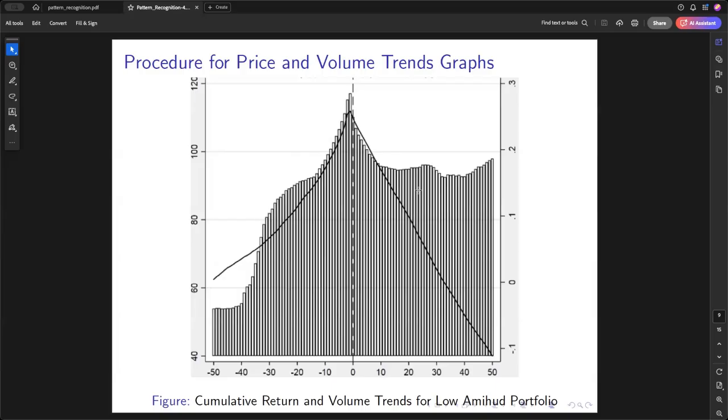However, when I plot this graph, we see before it attains this negative return, its price goes up rapidly with volume going up. So I see the full picture by plotting its price and volume trends before and after they are selected into the portfolio.